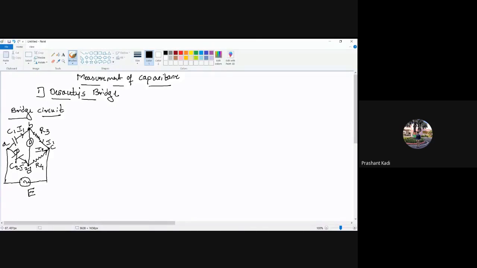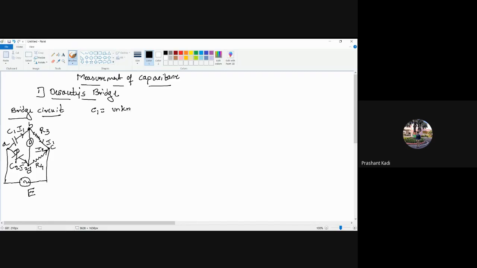Those who have completed, try to find the unknown quantity. Capacitor C1 is the unknown quantity, the capacitor whose capacitance is to be determined. Between the two terminals is the detector, which may be a galvanometer, ammeter, amplifier, headphones, anything.